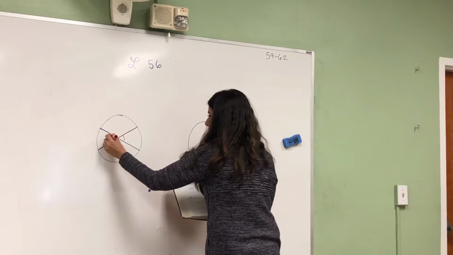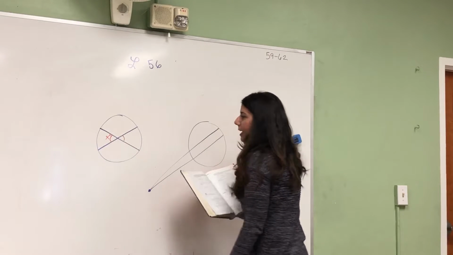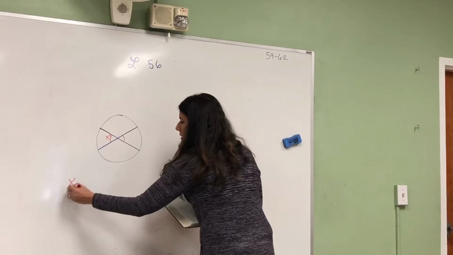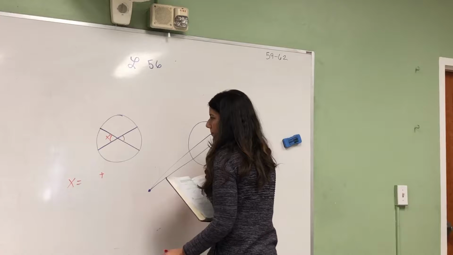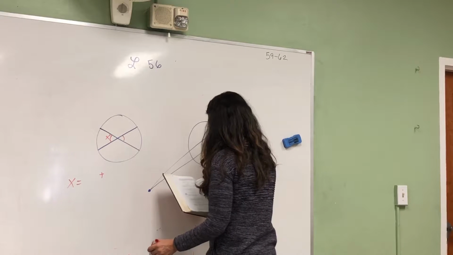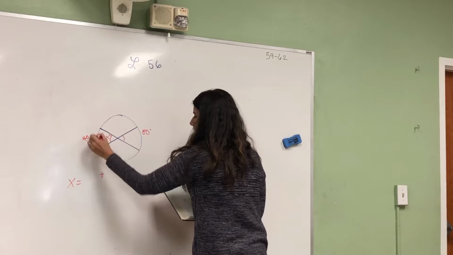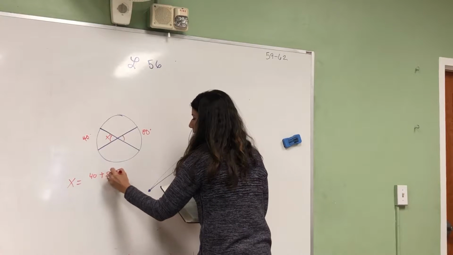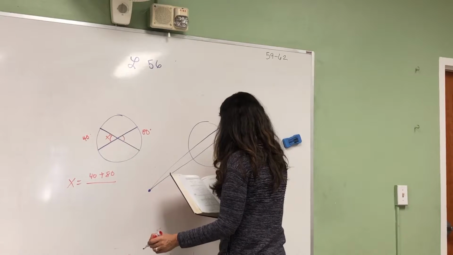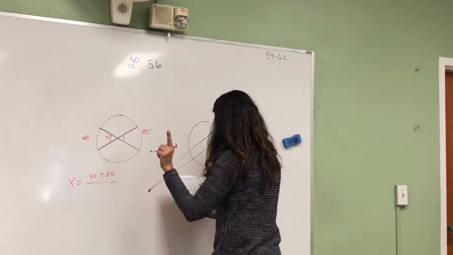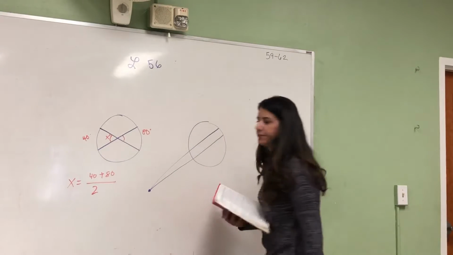And whatever that is, x, we'll say, it's going to be equal to the sum of, sum means add, right? The intercepted arcs, let's say 40 and 80. It's half the sum of the intercepted arcs.